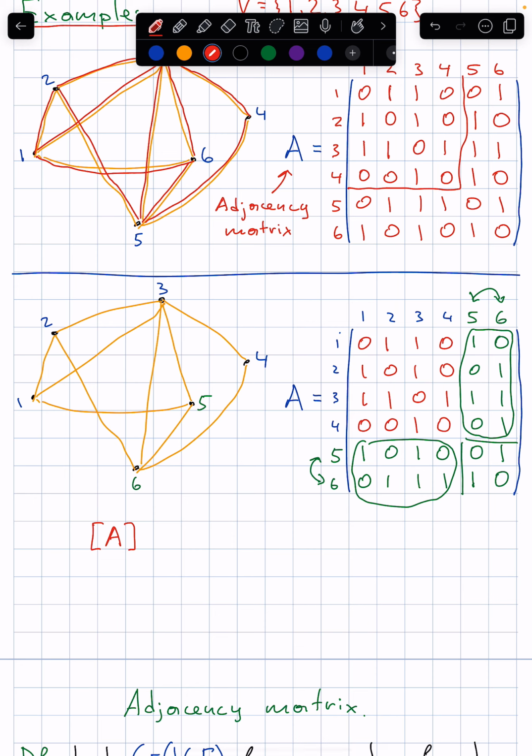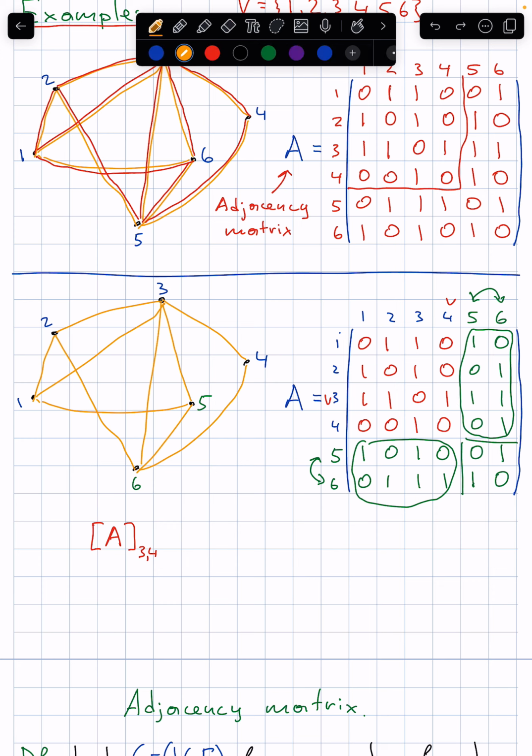So let's say indices 3, 4. What does it mean? That means that we take the third row and fourth column, and in the intersection we get this 1 there. So maybe let me indicate this by color.